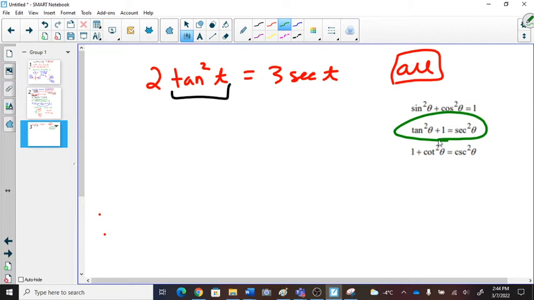But I need just tan squared, so what was that going to be? Secant squared minus 1 would be the replacement. Are we okay with that understanding? You have to make sure it's isolated.